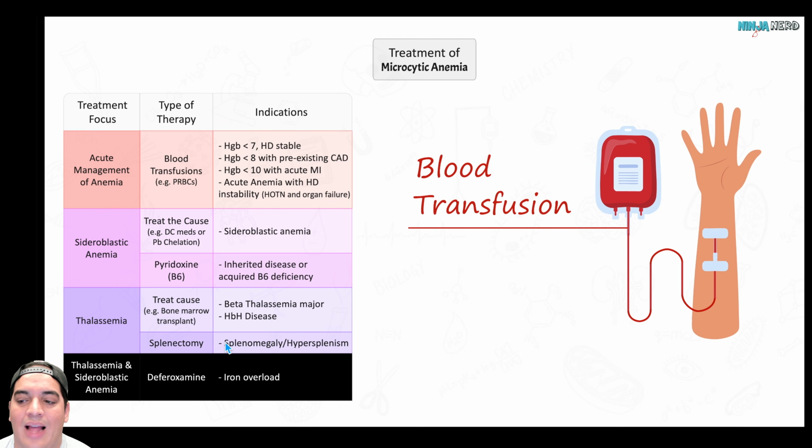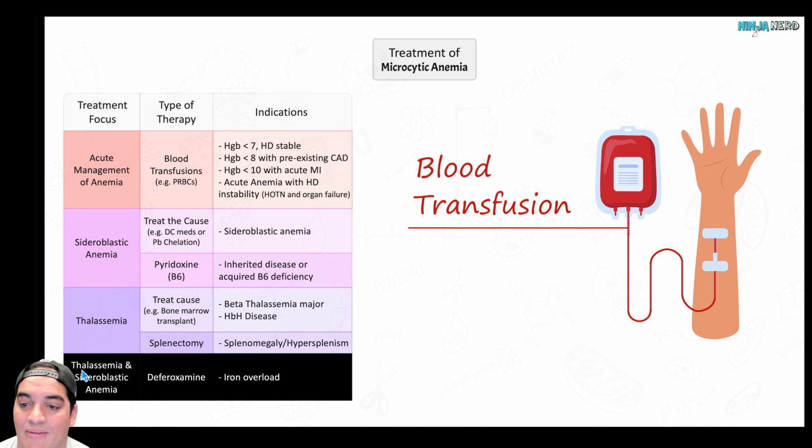All right, the last thing that I want to talk about is in patients who have thalassemia and sideroblastic anemia. With sideroblastic anemia, they're already at high risk of having a little bit of iron elevation, all right? Because again, the iron can't be incorporated into the protoporphyrin to make heme. And so iron builds up and it can get into the bloodstream. So they're at high risk for secondary hemochromatosis.